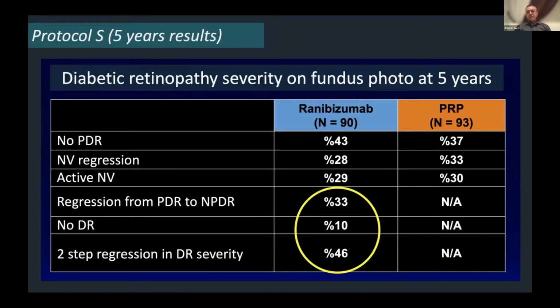However, diabetic retinopathy severity at 5 years was in favor of the ranibizumab group, and regression of PDR to non-PDR was observed in 33% of patients, and in 10% of patients there was no diabetic retinopathy. Two-step regression of diabetic retinopathy severity was observed in almost half of the patients.